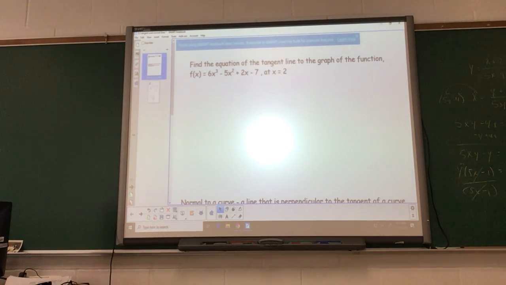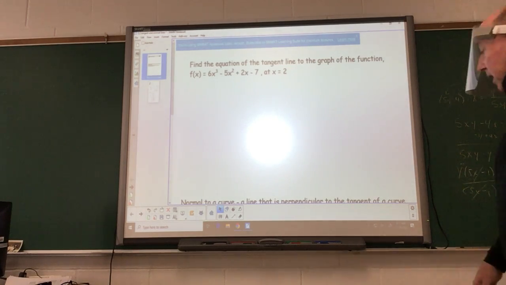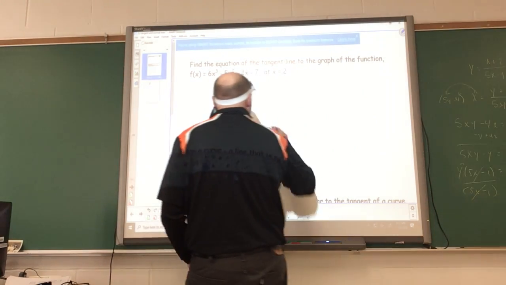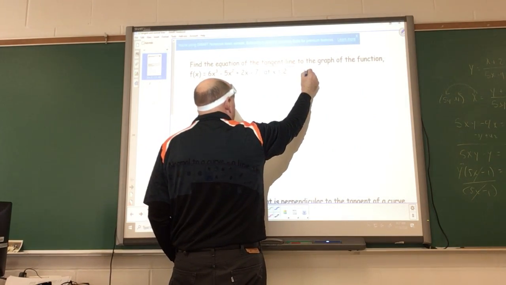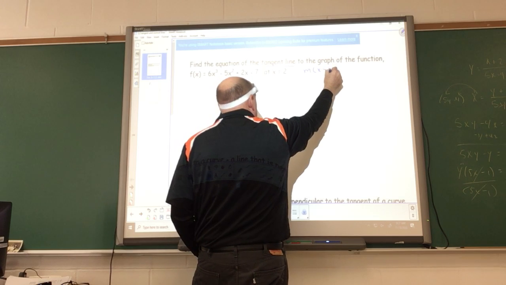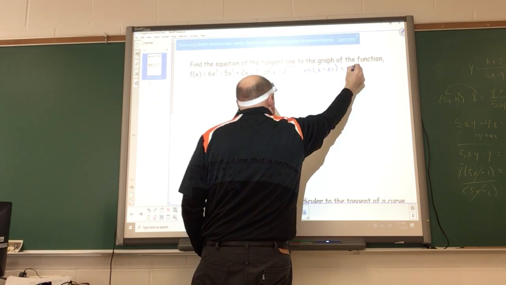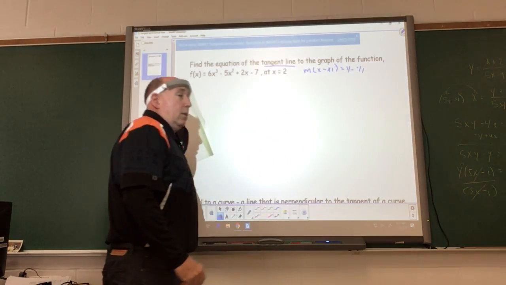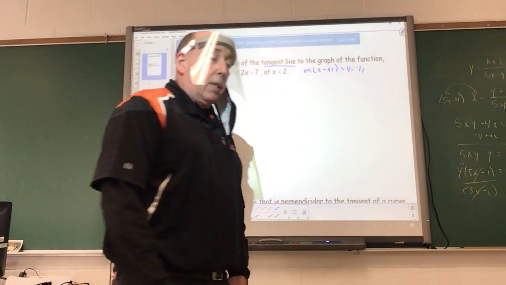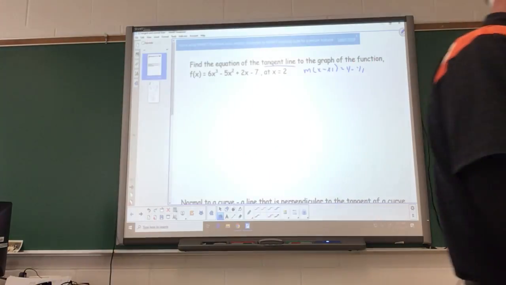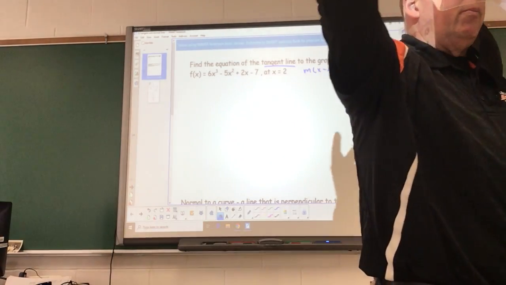Going through just 2 different problems here. Find the equation of the tangent line of the graph of the function at x equals 2. Well, to find an equation of a line, a tangent line, I need to utilize my point slope equation, m(x minus x1) equals y minus y1, which means I need to know a point and I need to know a slope.